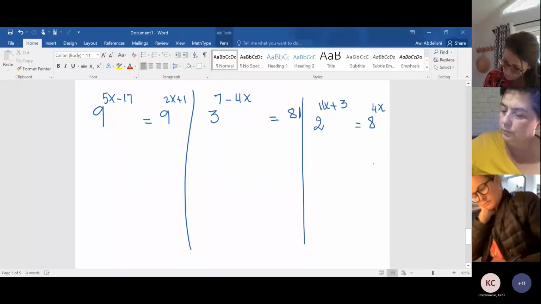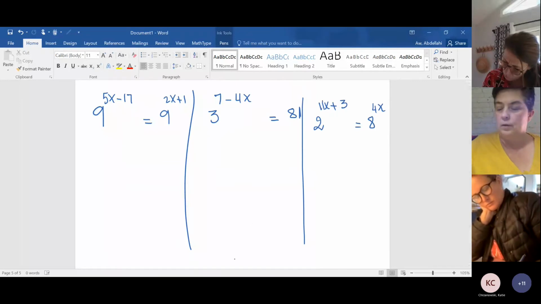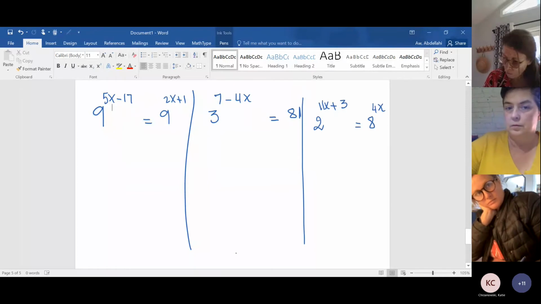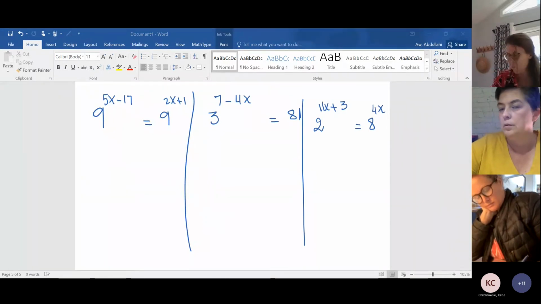All right, everybody, please go ahead and solve these three. Each category is represented here. Try to solve these three right here.